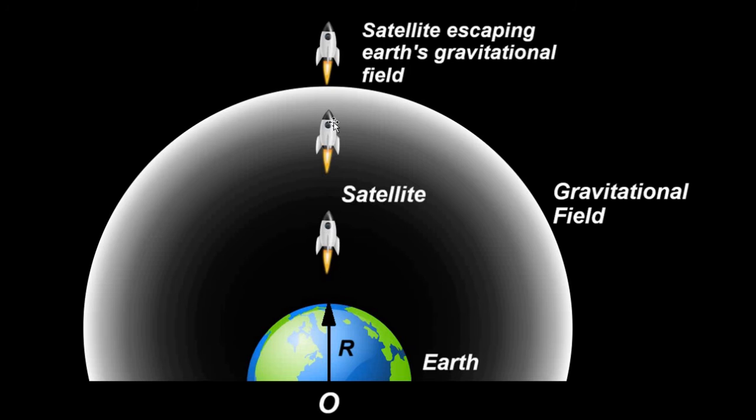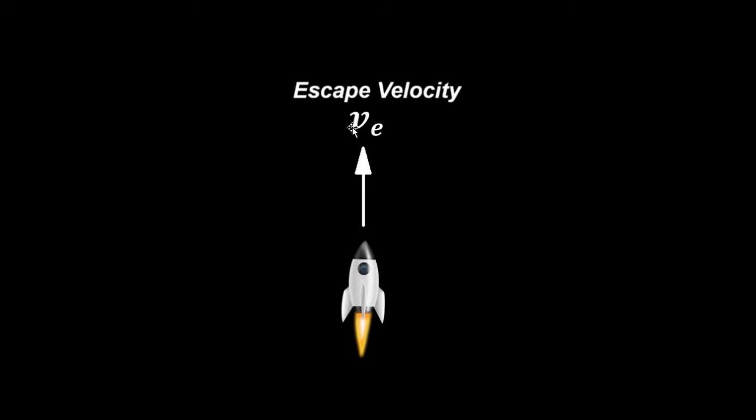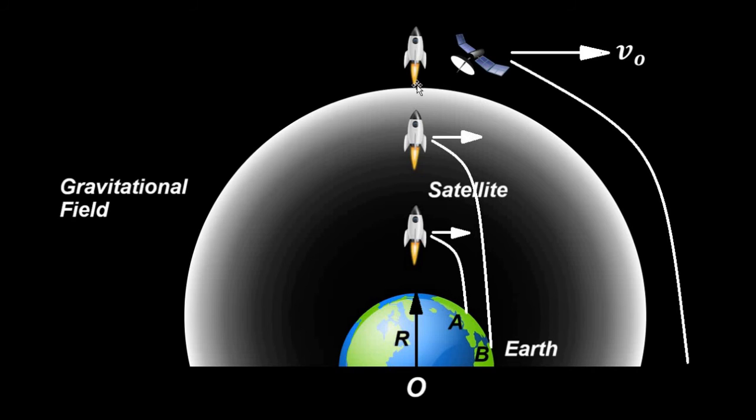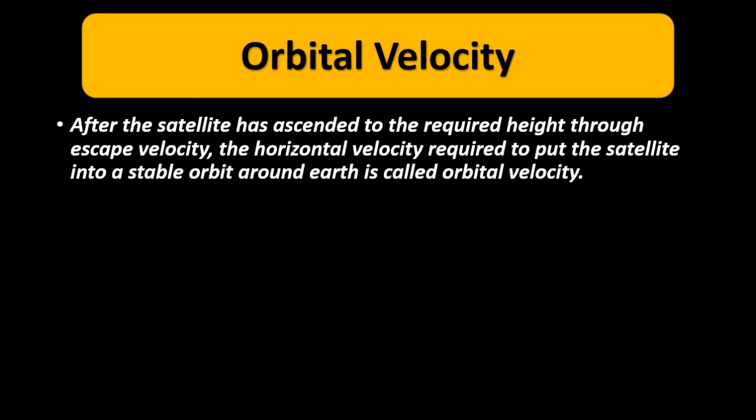Okay, so the rocket is launched with such a vertical velocity in the upward direction that it escapes Earth's gravitational field, and that velocity is called escape velocity, V subscript E. This vertical velocity is because of the exhaust gases. The exhaust gases impart the escape velocity. Now once the rocket has escaped Earth's gravitational field, a suitable velocity in the horizontal direction is required to put the satellite into a stable orbit.